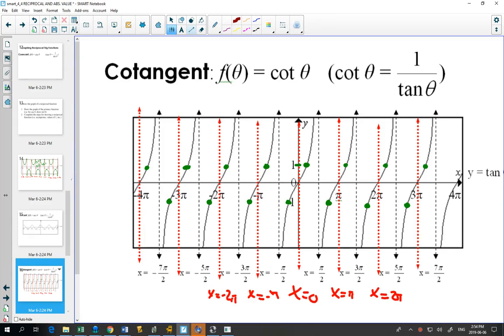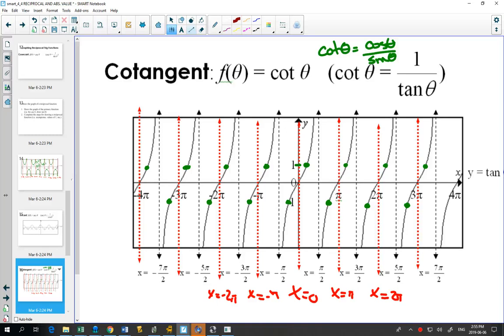Now, the way that we graph cotangent is we're doing the reciprocal of tan. However, the actual graph of cotangent, you know how cotangent is cos over sine? The actual graph of cotangent is cos over sine and not 1 over tan. Now, cos over sine and 1 over tan are mostly the same.